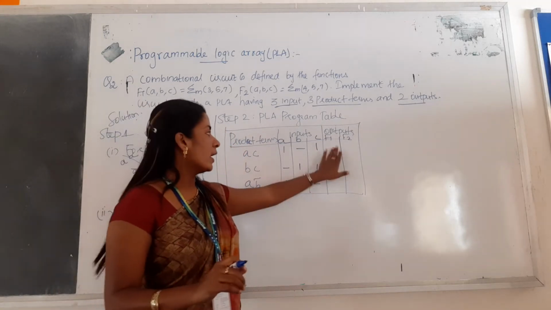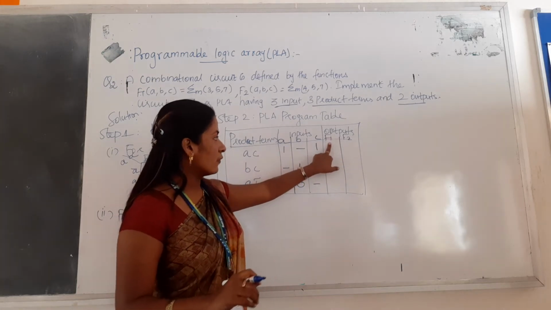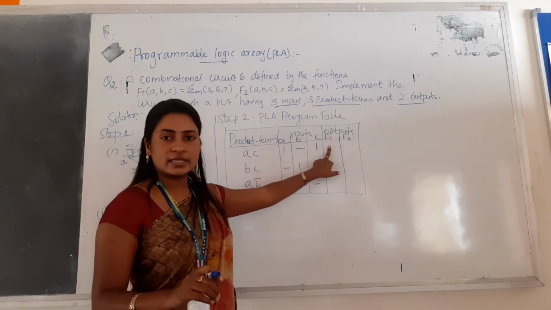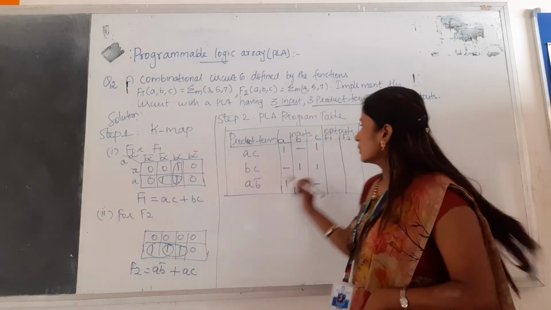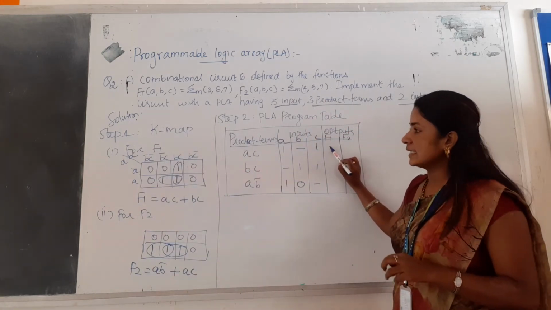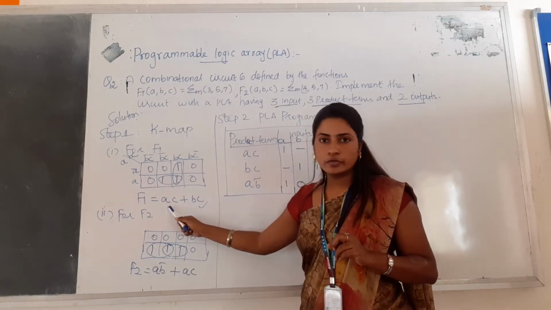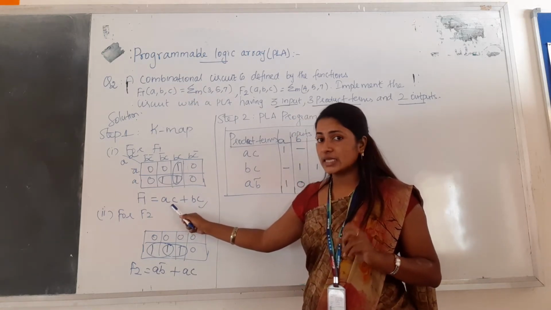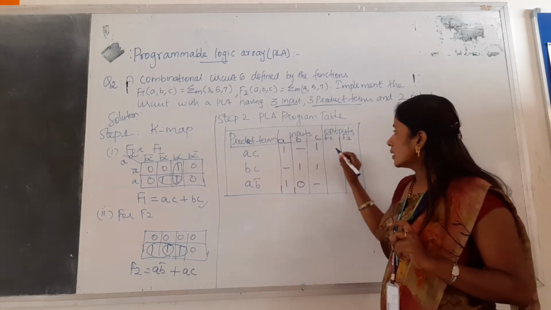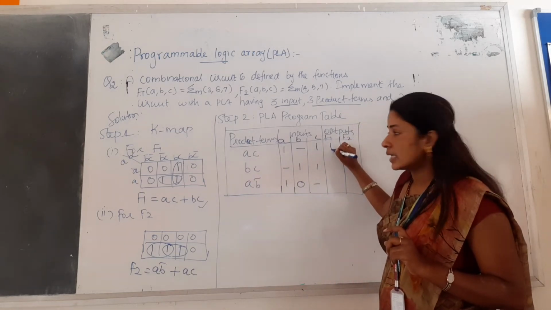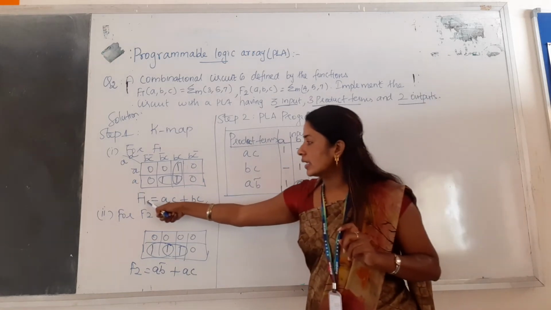Then the outputs, F1, F2. You check whether the AC term is there in the F1 function. AC is there, so should I put 1? Yes, I should put 1, because the AC term is available in F1.